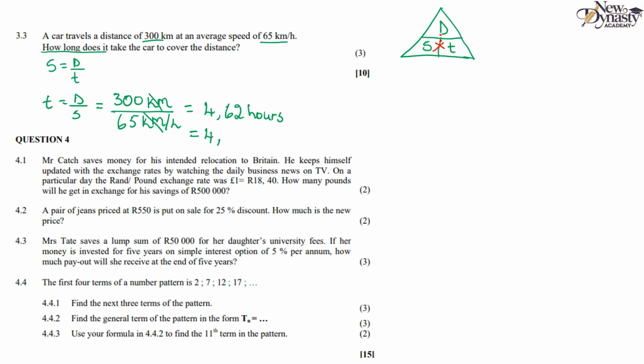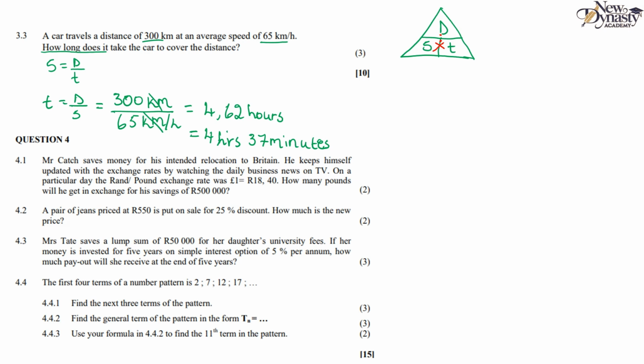You're going to get the value of 37 if we round it off. So that is going to be 4 hours 37 minutes. How did I get 37? You take your 0,62, you multiply it by 60. And that's how you do that.